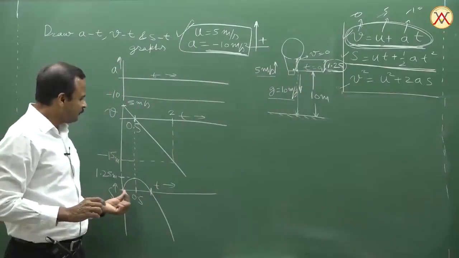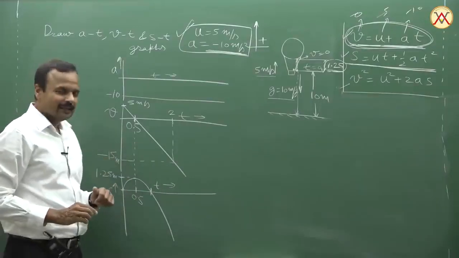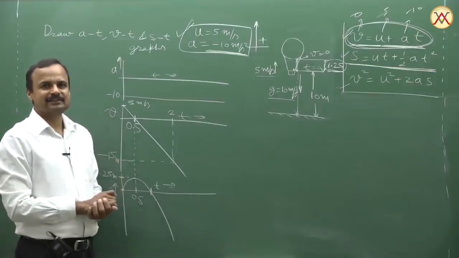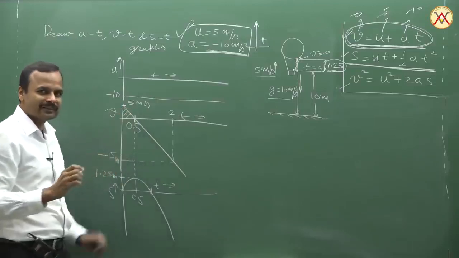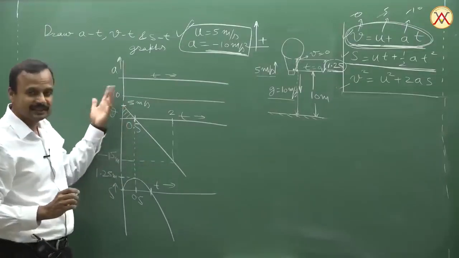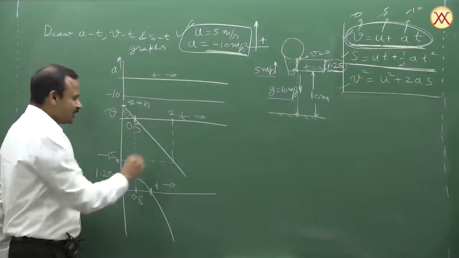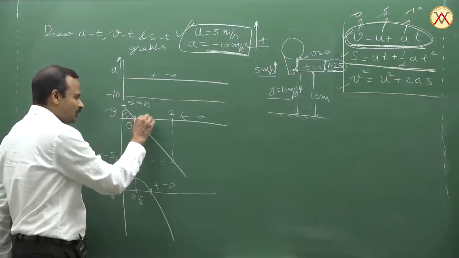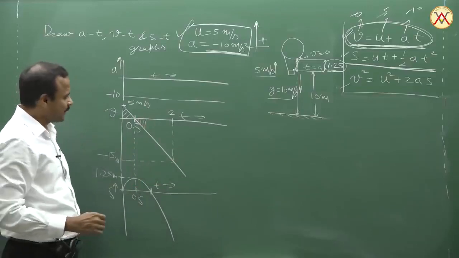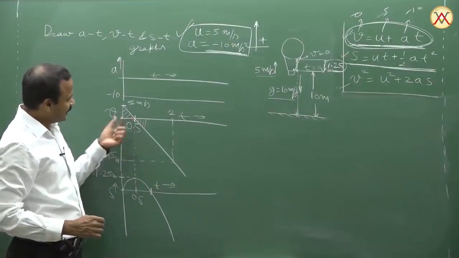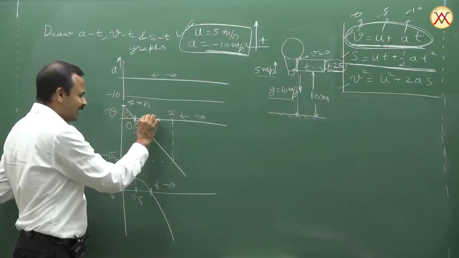You can see that from the V-T graph also. See, we know that the area under the V-T graph gives us displacement. Now, this part of the graph is positive displacement because it is above the x-axis. Here it is your time axis. So the area which is below the time axis will be your negative displacement. So after how much time will this positive displacement be compensated by the negative displacement?